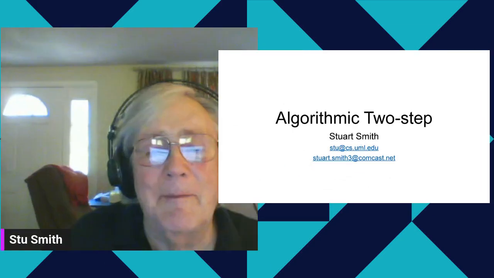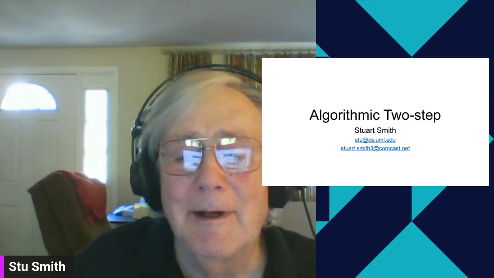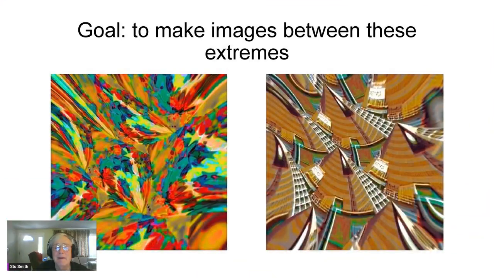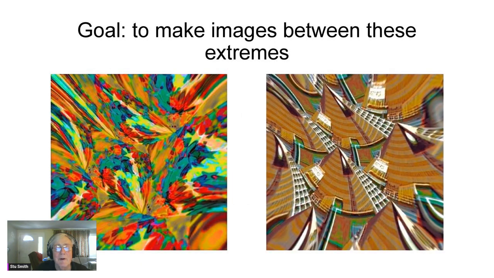I'm going to talk about a method I use to make what I hope are appealing images. The goal of the method is to make images that lie somewhere between these two extremes.